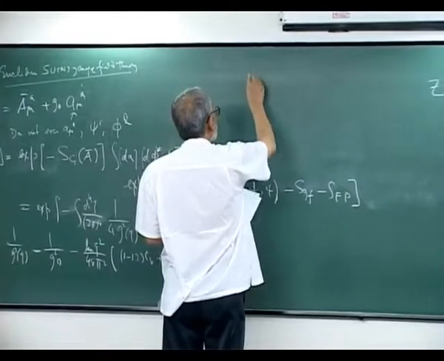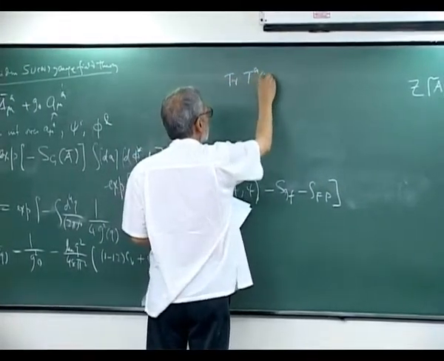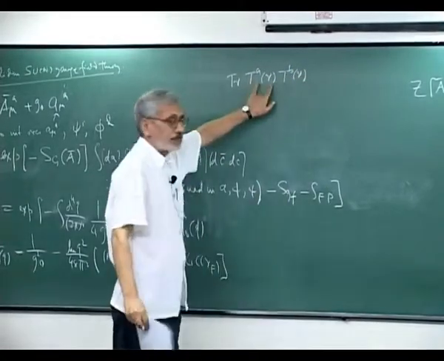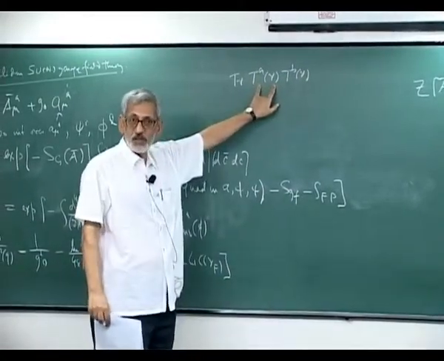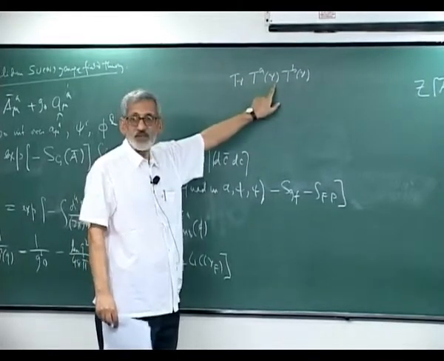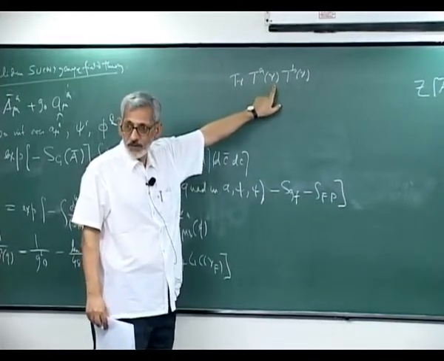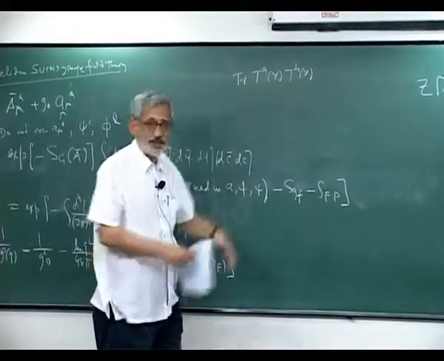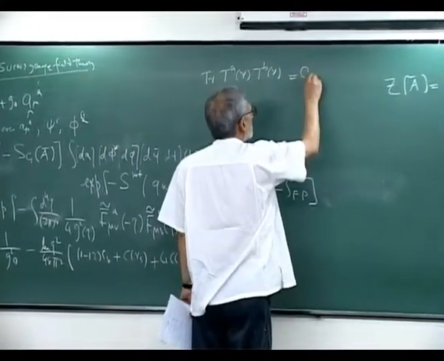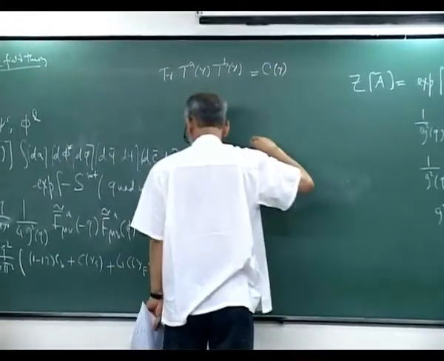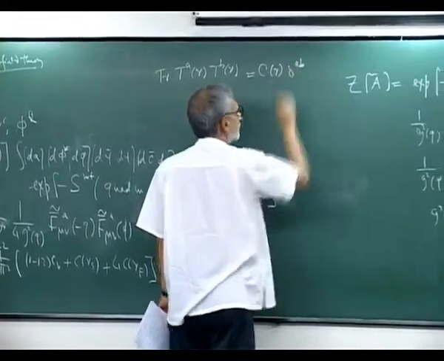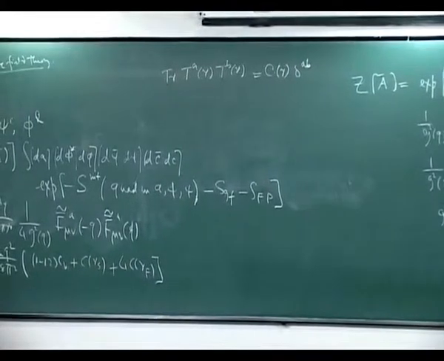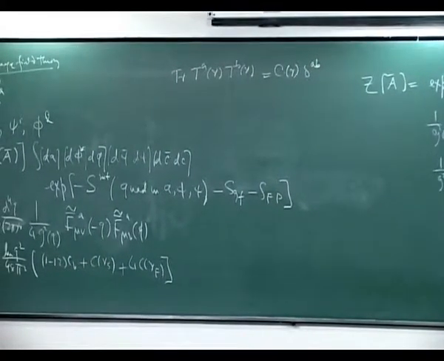where trace of T^A_R T^B_R, where T means the SU(N) representation matrices for a representation small r, could be n-dimensional or adjoint representation or any other representation. The trace of this object is C of r delta AB. So that C of r is some number that characterizes the representation.